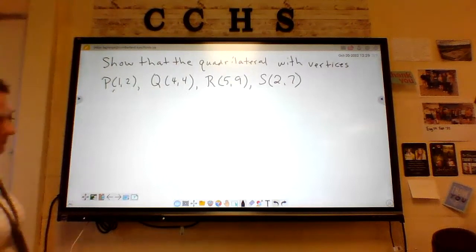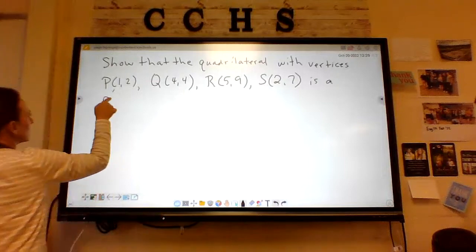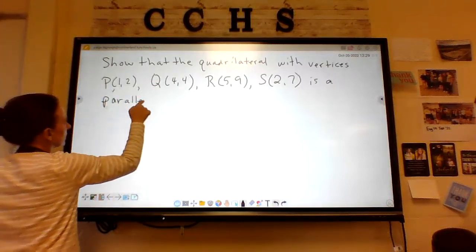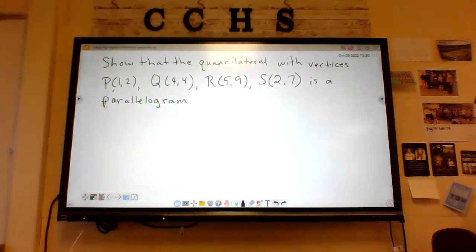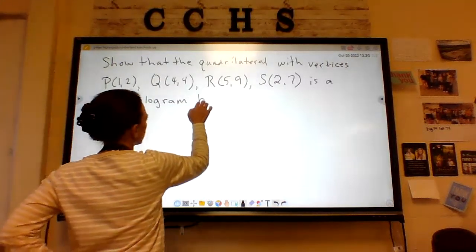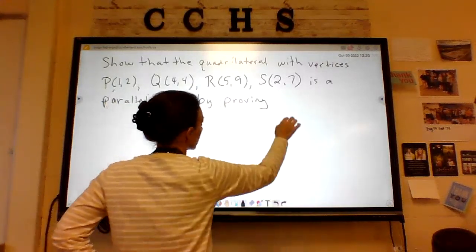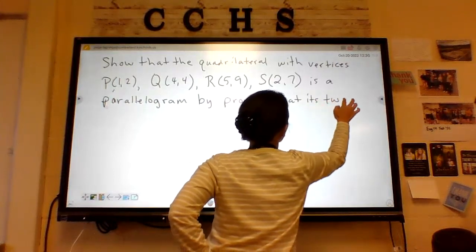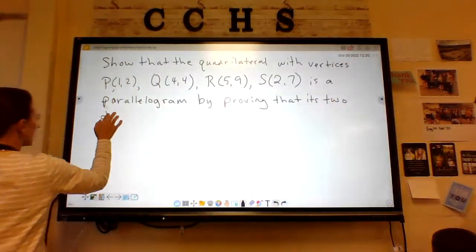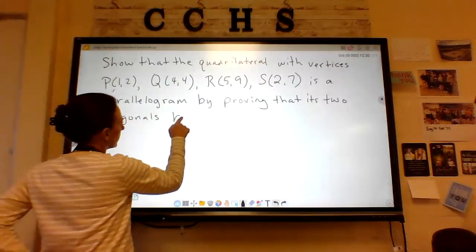Is a parallelogram by proving that its diagonals bisect.